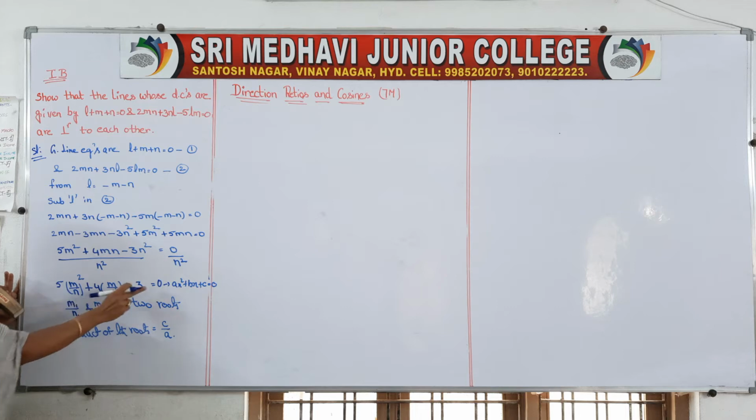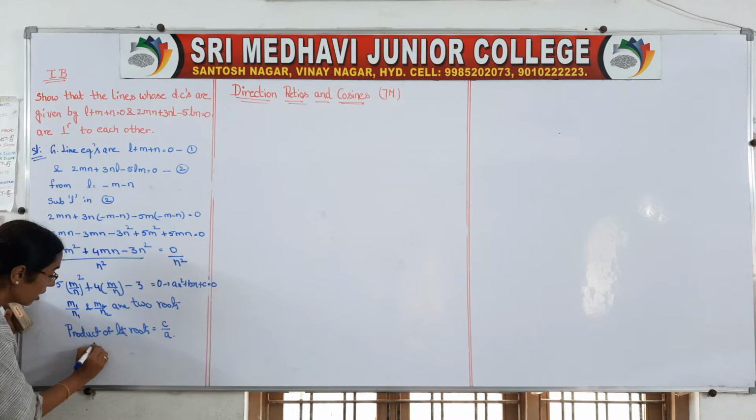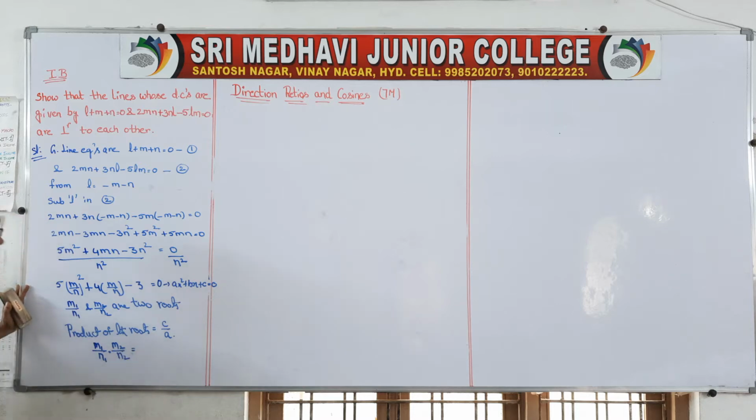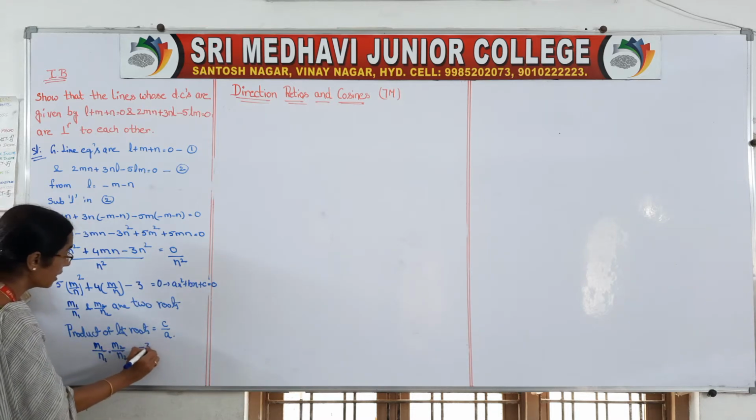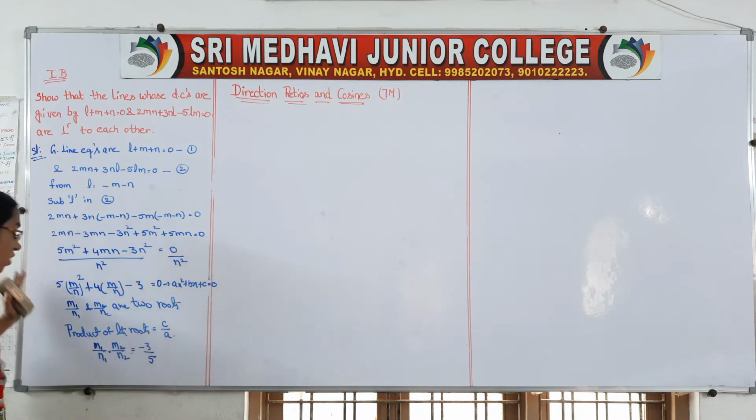Product of the roots for quadratic form is c by a. Compare this with your ax square plus bx plus c. In c place we are having minus 3 and in a place we are having 5. So m1 by n1 into m2 by n2 is equal to minus 3 by 5.